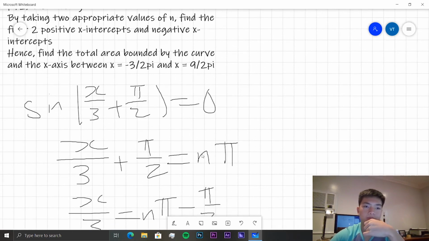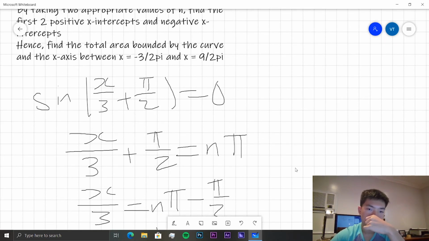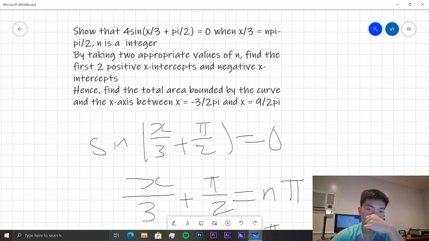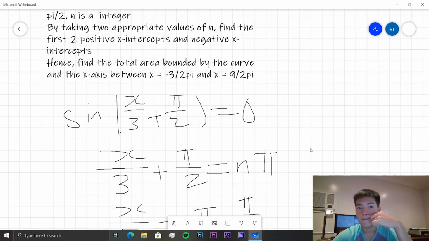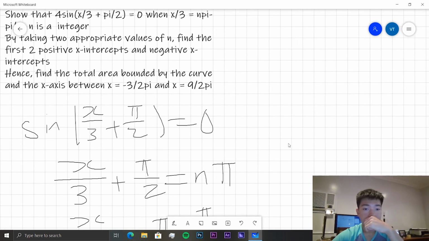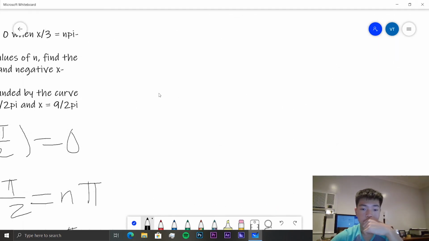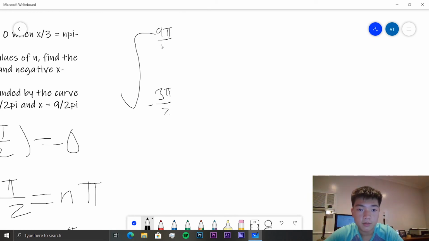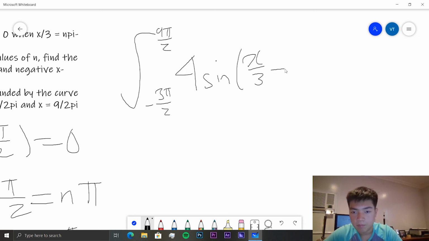So, okay. So we need to integrate this. And we need to find the integral between negative 3 pi over 2 and 9 pi over 2 of 4 sine of x over 3 plus pi over 2.